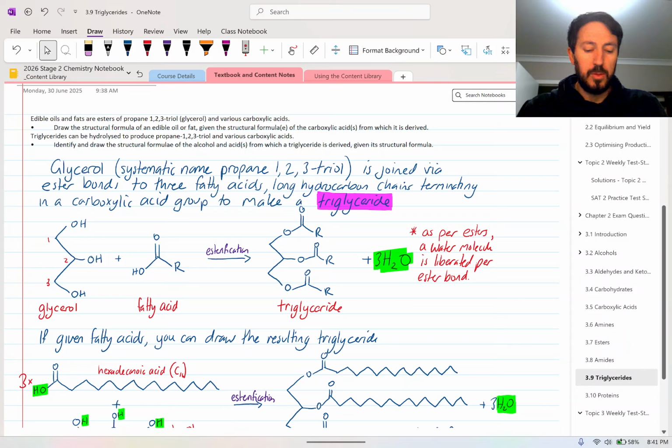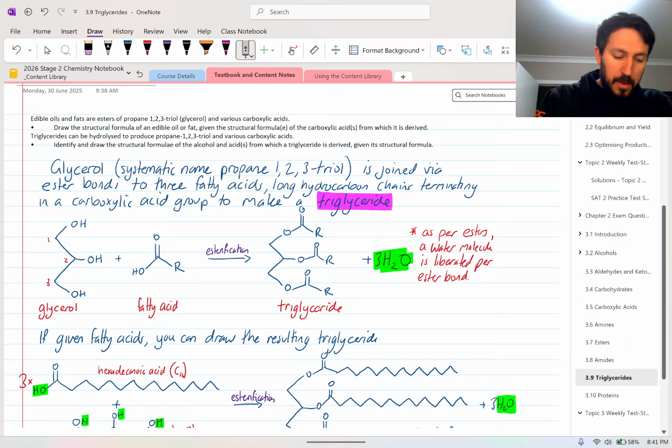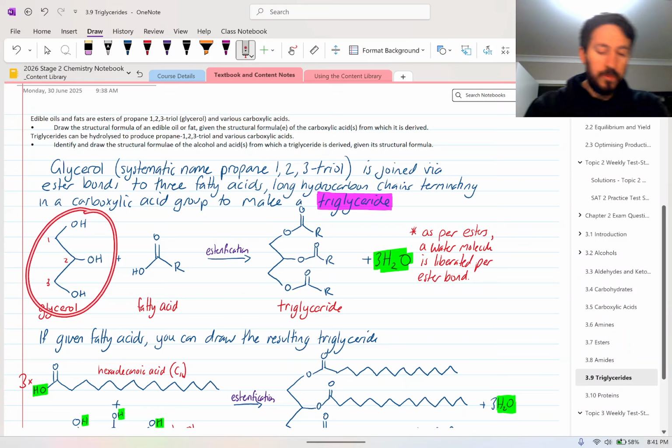That piece is what bonds to fatty acids via an ester bond, or via 3 ester bonds to 3 fatty acids, to be more accurate, to give us our triglyceride or our fat or oil. Now, if we look here, you'll see a drawing of glycerol.